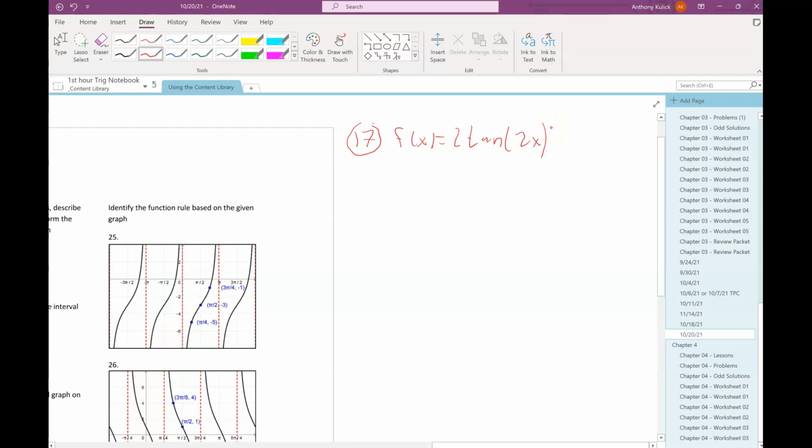Okay. So I remember from the notes yesterday that the domain for this was everything except for c times pi over 2 plus h times n, where n is an odd integer.